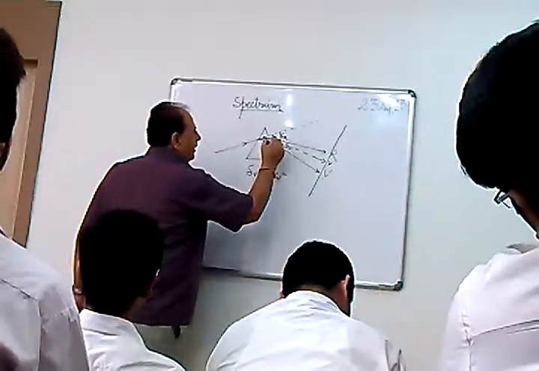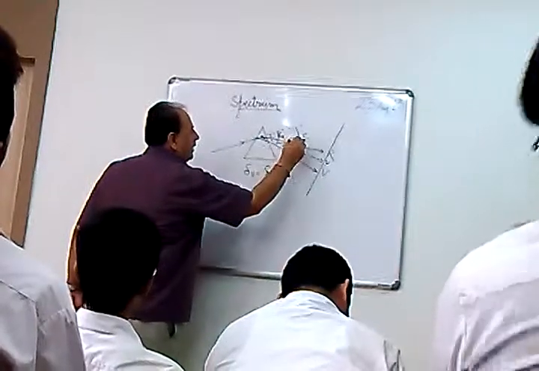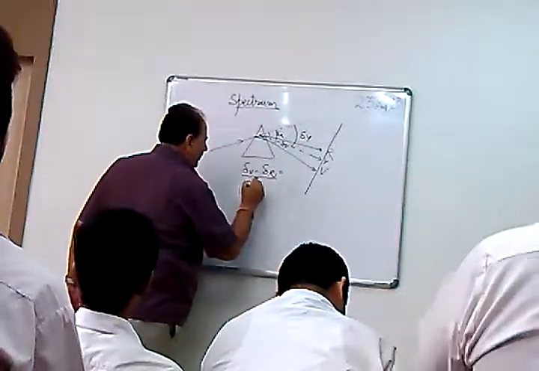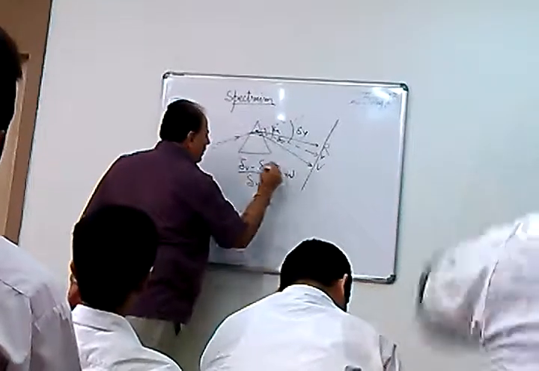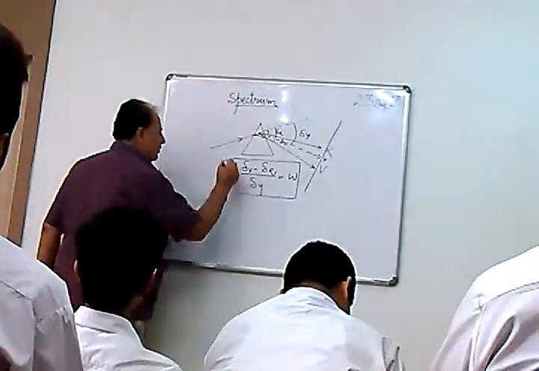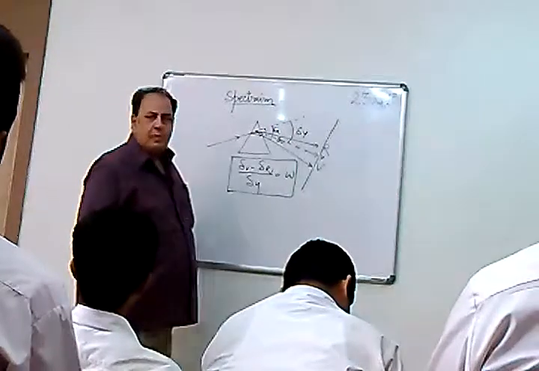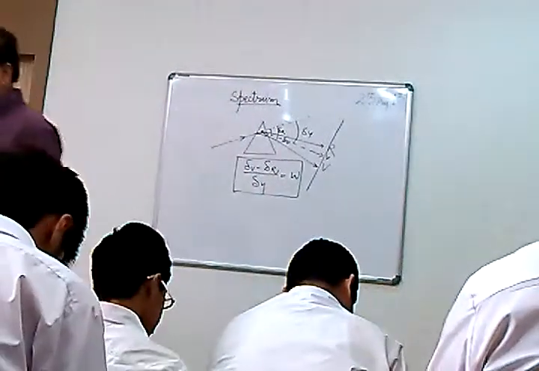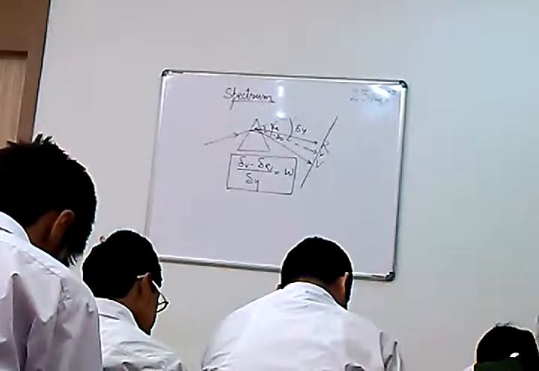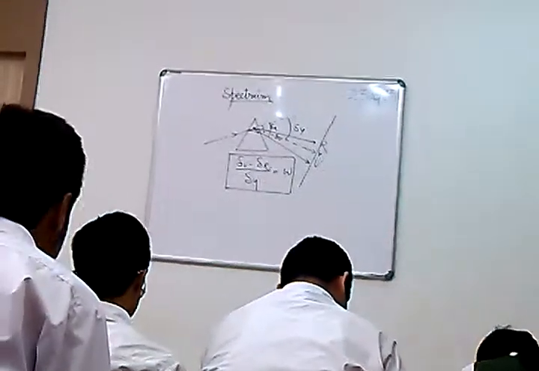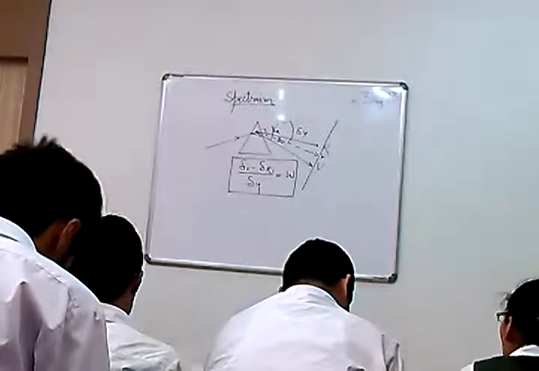It has also got a delta yellow. If I divide this by delta yellow, this entire thing is called dispersive power. You can get a numerical on this also. Dispersive power: the power of a medium to disperse, to create a spectrum, to deviate and disperse, both.